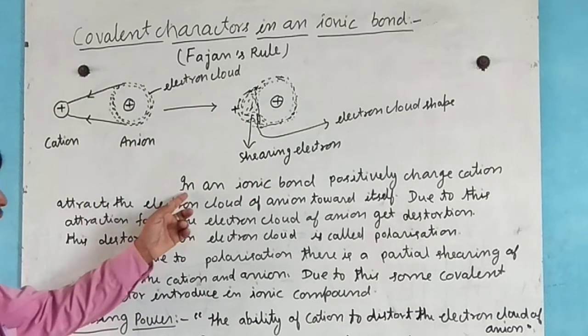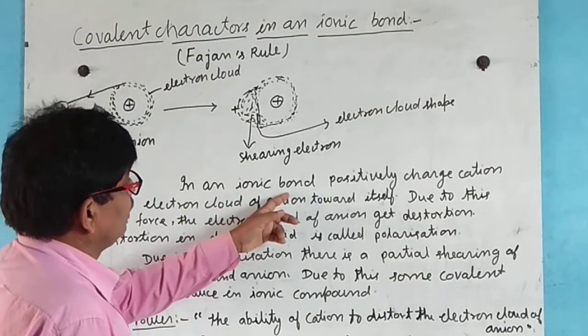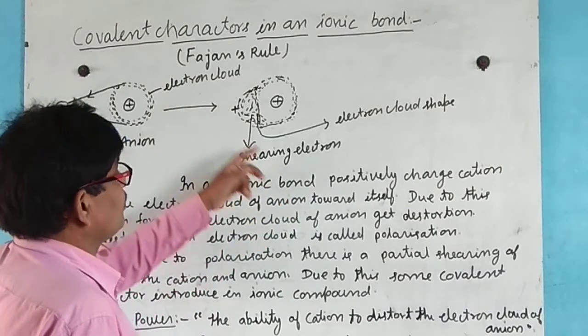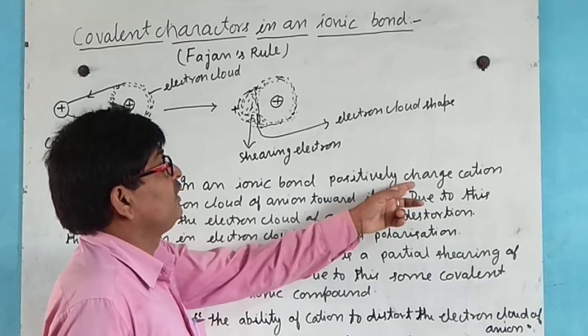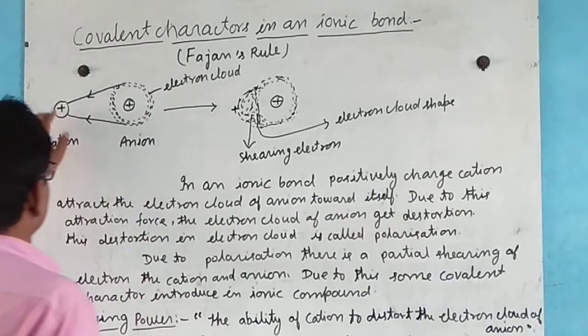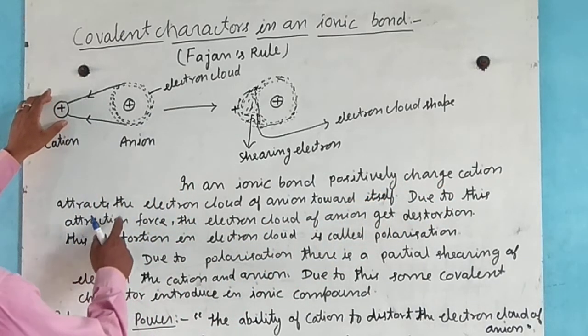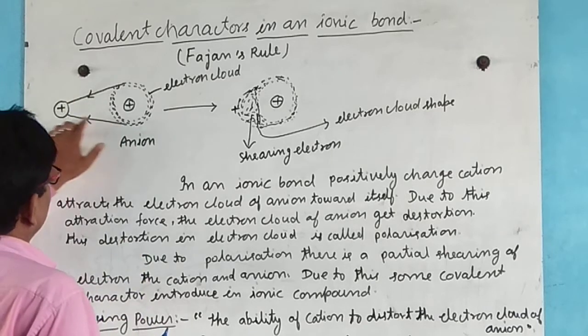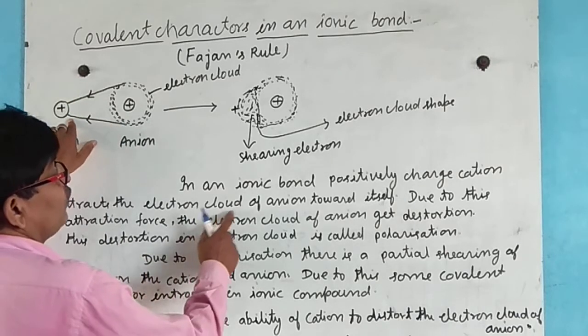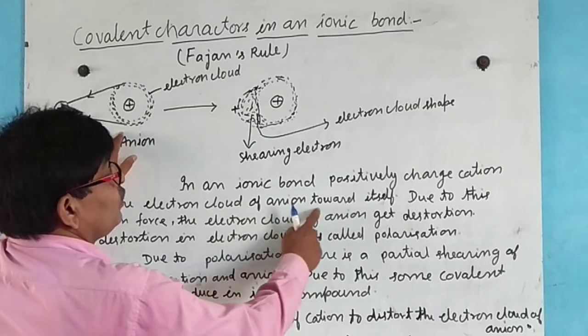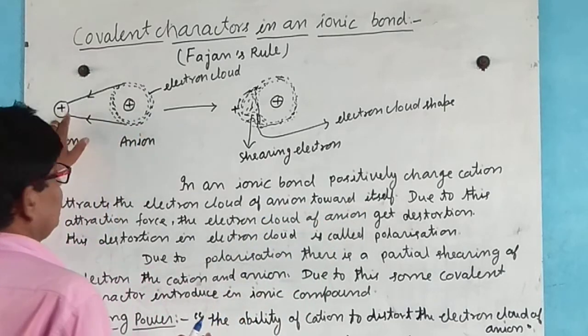Now in an ionic bond, the positively charged cation attracts the electron cloud of the anion toward itself.